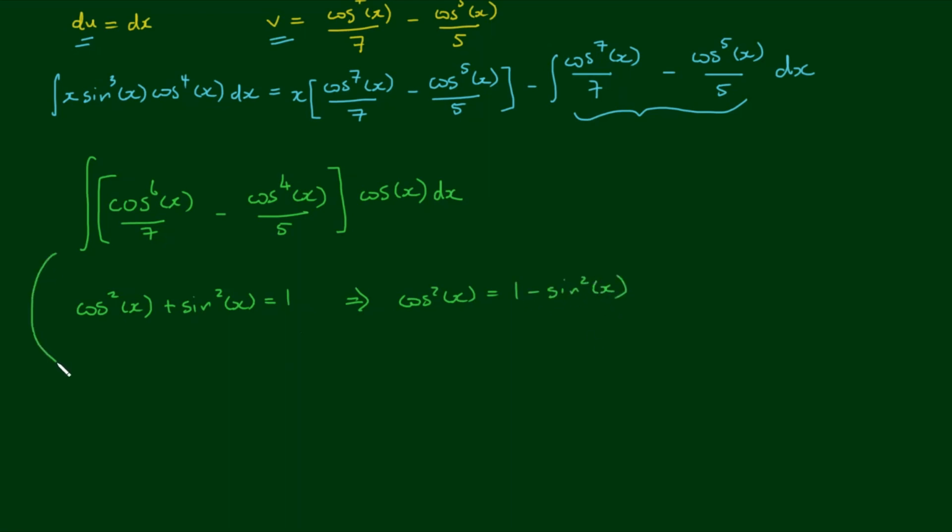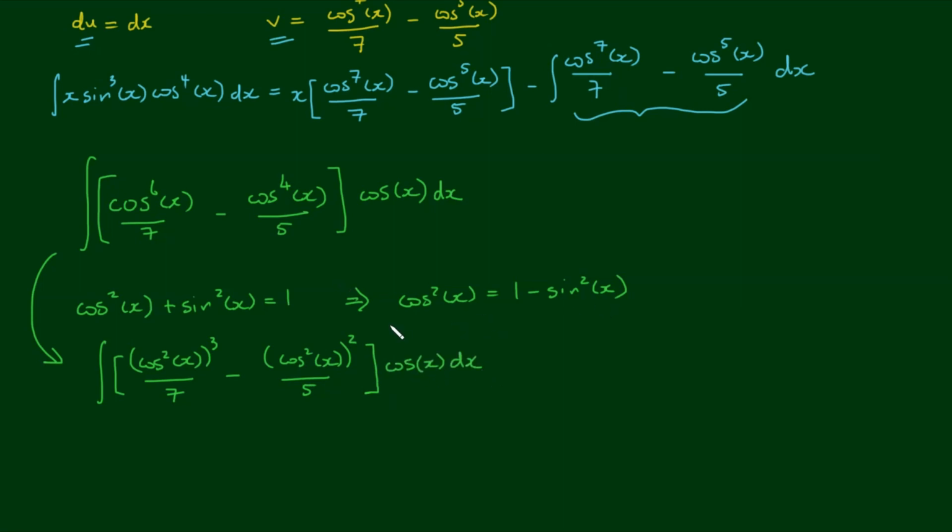Okay, so now we're going to write this integral as cosine squared of x cubed on 7. If I expand this index back into the cosine squared, I get back my cosine to the 6th power. And similarly, we have minus cosine squared of x all squared on 5. And we copy down the cosine of x dx.